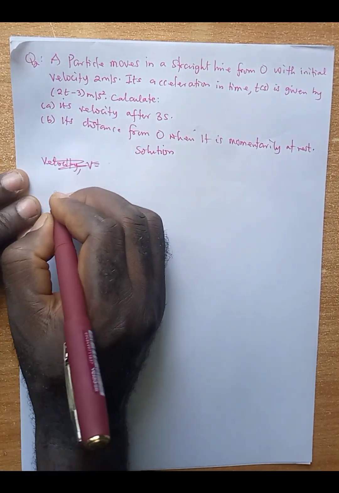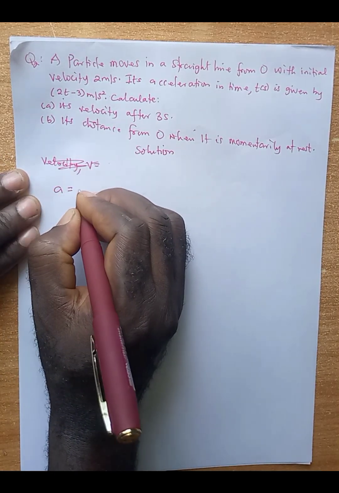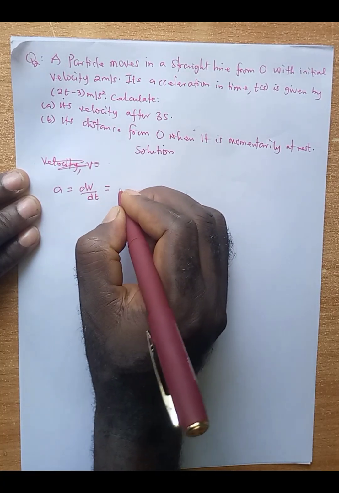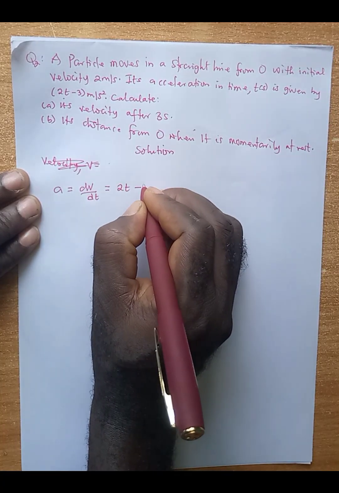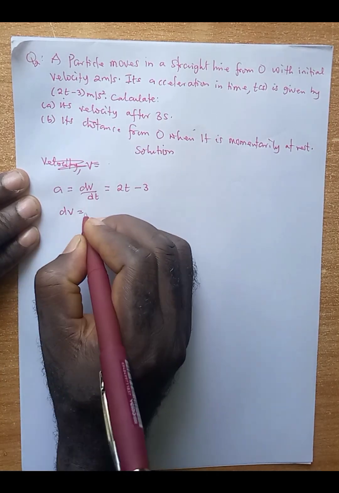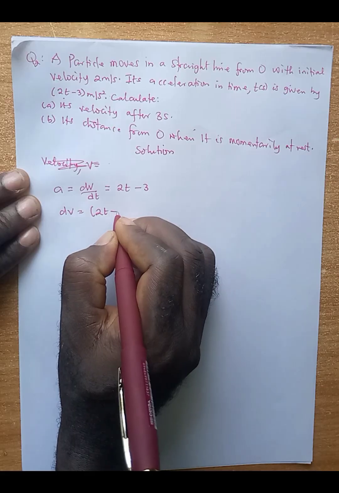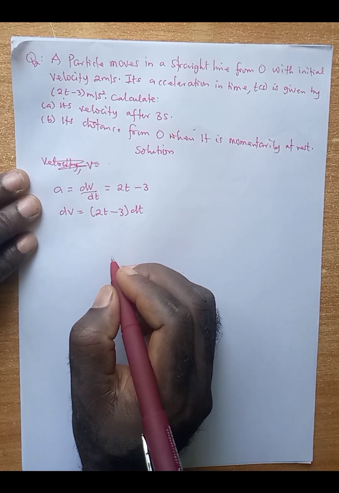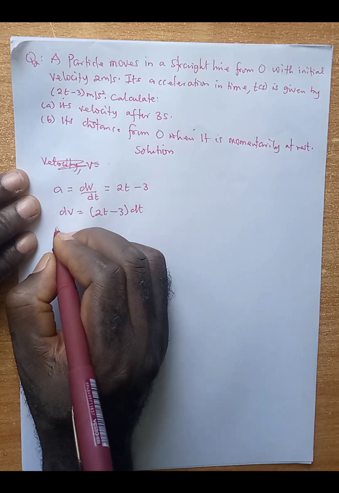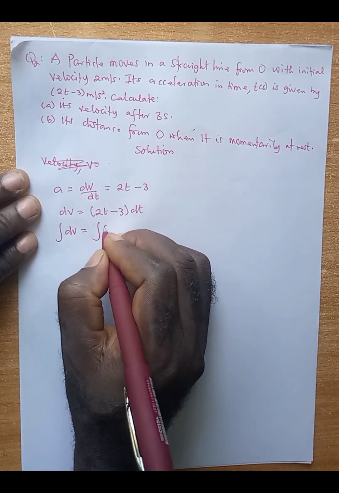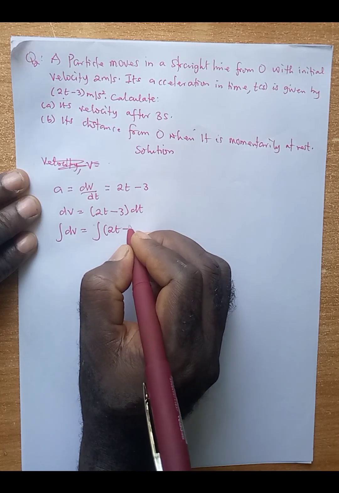Here we know that the acceleration a is equal to dv dt, which is given as 2t minus 3. When we cross multiply, we have dv is equal to 2t minus 3 multiply dt. Then we integrate both sides of the equation. We have the integral of dv is equal to the integral of 2t minus 3 dt.